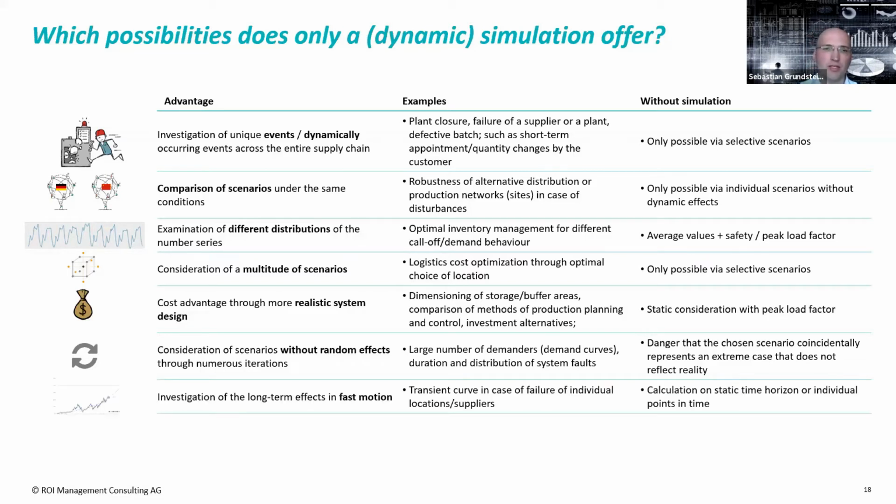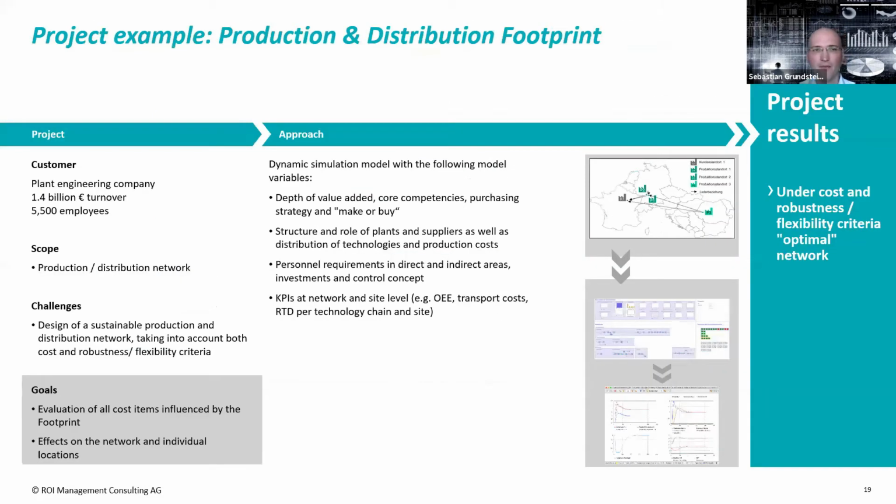And finally, of course, you have a fast motion simulation, so you can also investigate the long-term effects of, for example, shutdowns or such events. So there are a lot of possibilities where you can use simulation and simulation-based optimization.